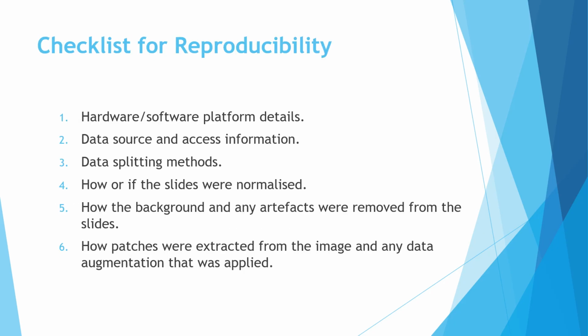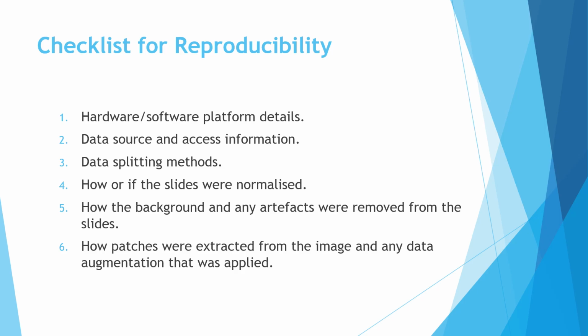And finally, using those missing information, the authors suggested a checklist for reproducibility that by going through its items, we are able to figure out whether the model is reproducible or not.